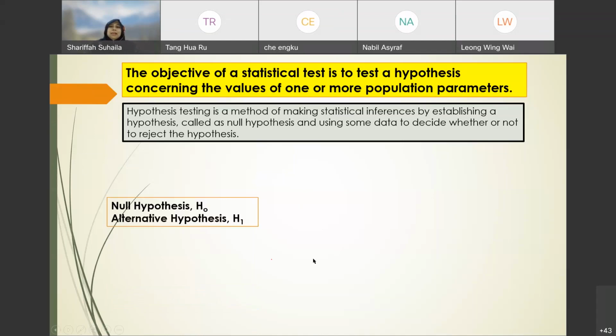Okay. So the objective of statistical testing is to test a hypothesis concerning the values of one or more population parameters. So at your stage of your final year ataupun third year, you need to differentiate the term that we use, parameter and also statistic. So when we mention parameter, that means it describes the characteristic of your population.